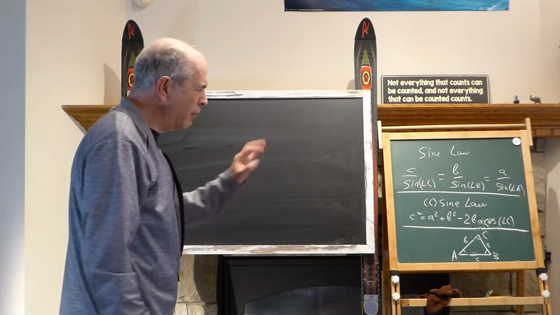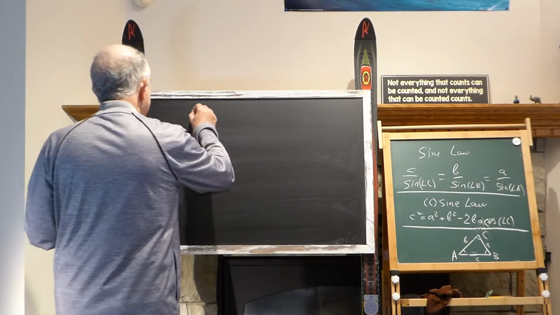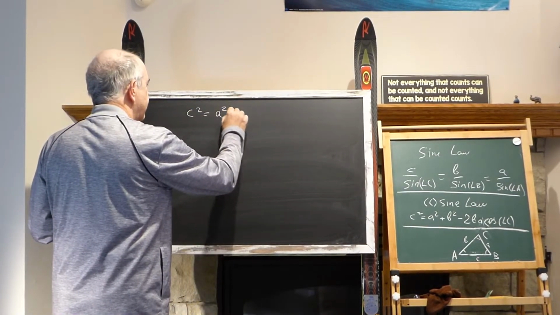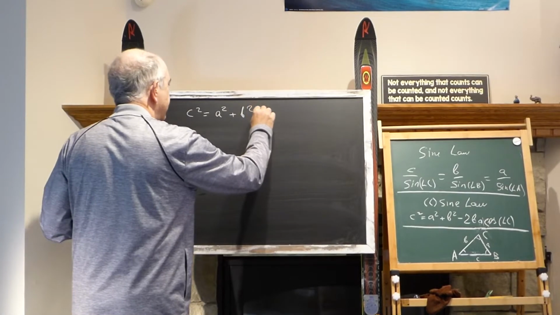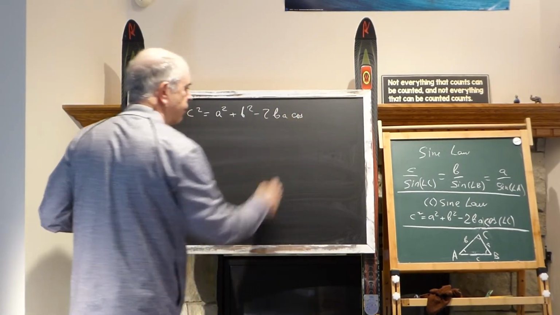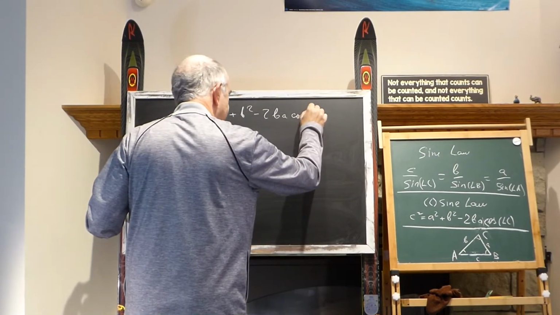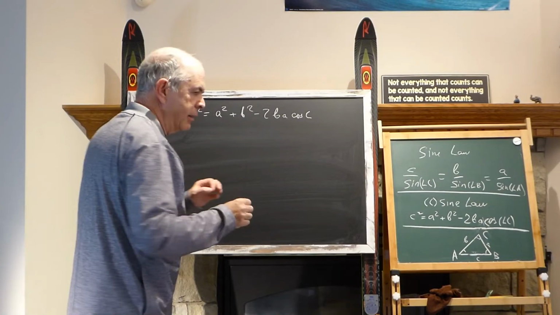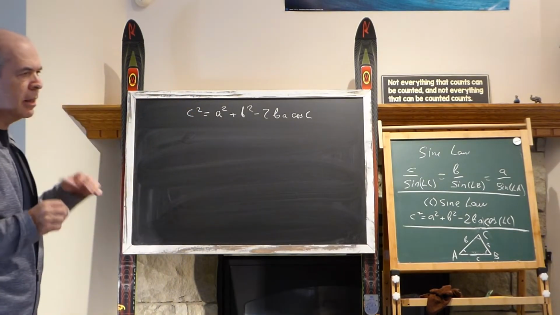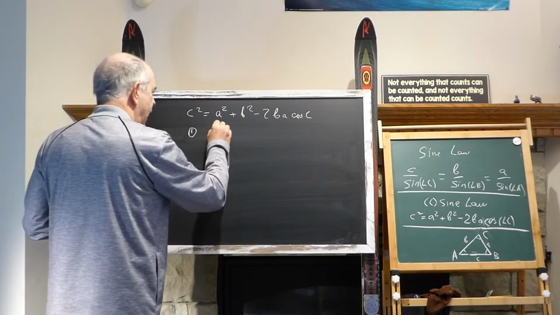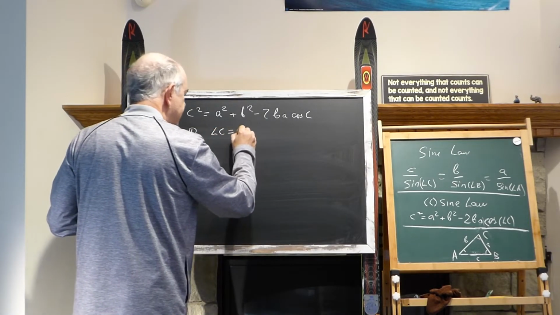Before I go any further, I want to say something about this basic geometry. C squared equals A squared plus B squared minus 2ba cosine C, right? Okay, and let's consider a couple of cases. For example, angle C is 0.